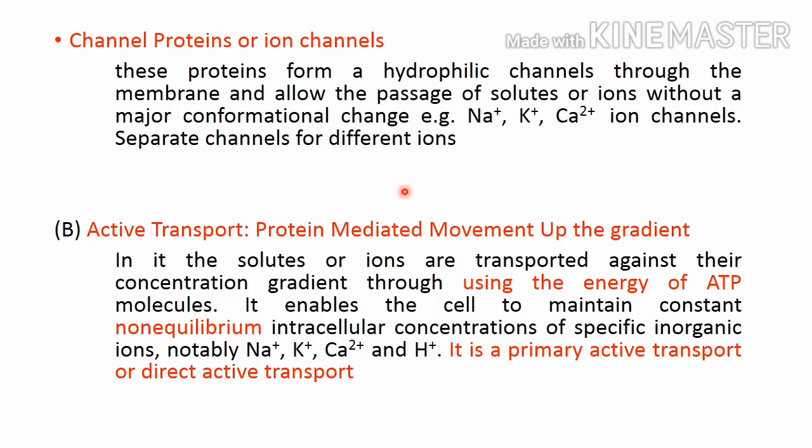These proteins form a hydrophilic channel through which ions can be transported from their high concentration area to their low concentration area. And these proteins do not undergo major conformational changes, unlike the carrier proteins. And this was the passive transport.